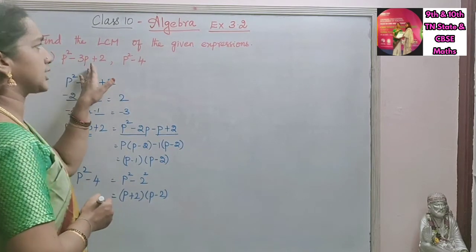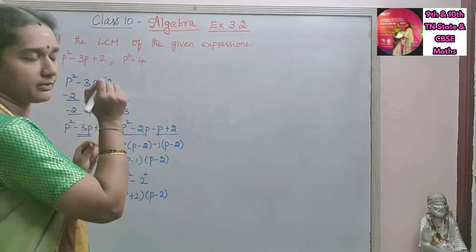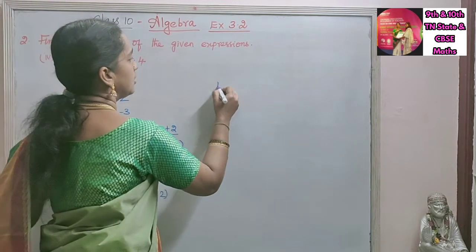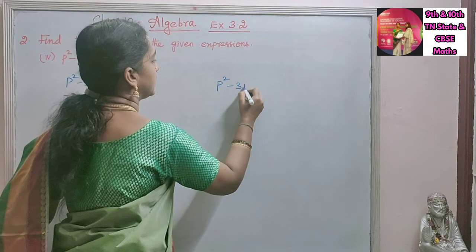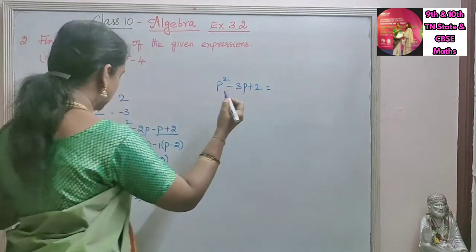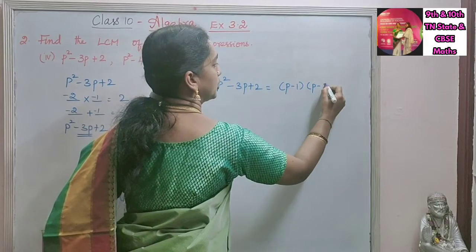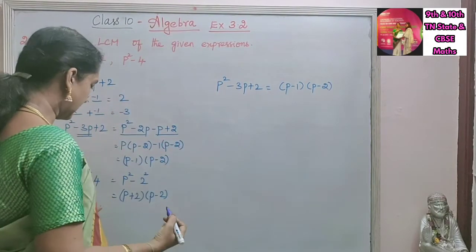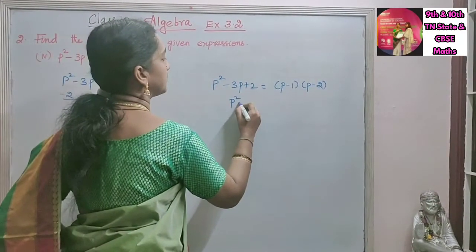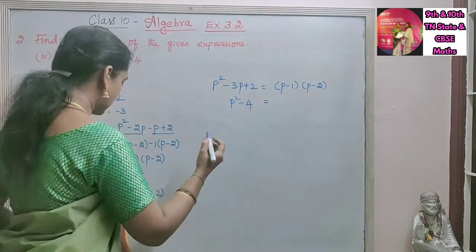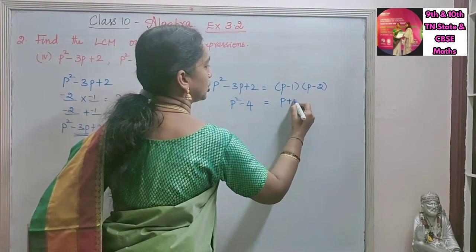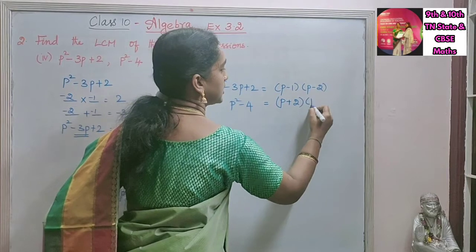Now we are asked to find the LCM of the given two expressions. For p squared minus 3p plus 2, the factors are p minus 1 and p minus 2. For p squared minus 4, the factors are p plus 2 and p minus 2.